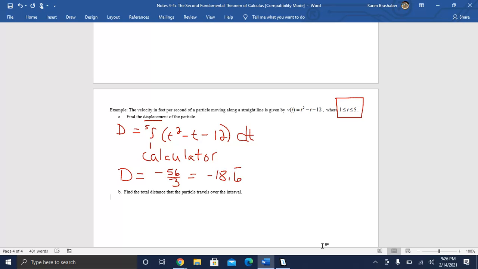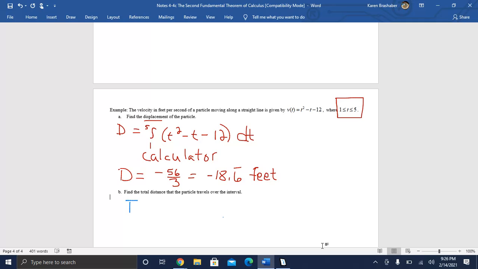And then you can look to see what it was measured in. Since the rate was in feet per second, this will be feet. So negative 18.6 feet.